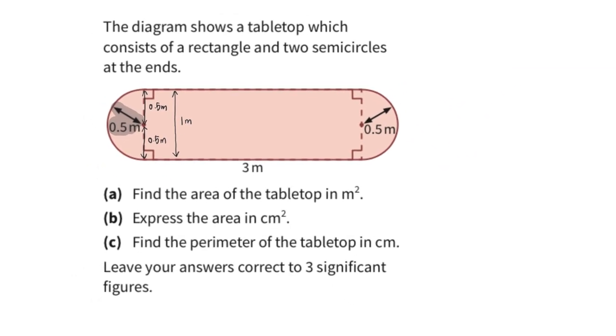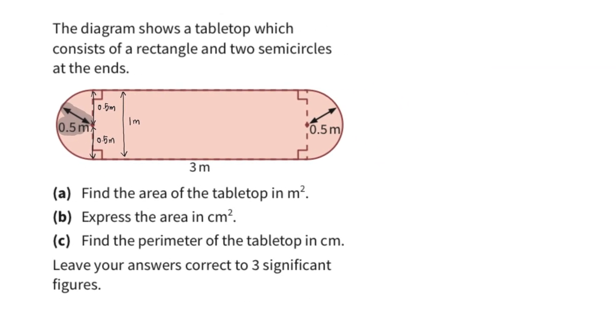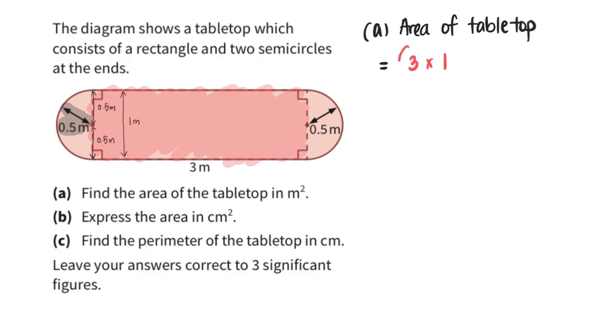And once I know that, it becomes pretty straightforward. So for part A, the area of this tabletop is simply equals to the rectangle. In this case, 3 meter times 1 meter.